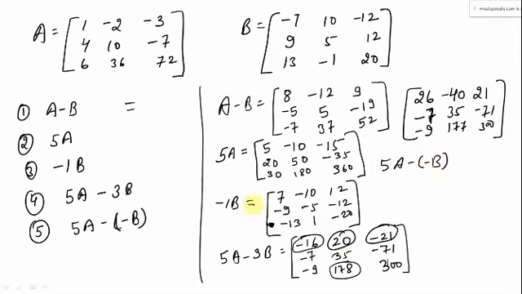So it's negative 2, 0, 0, negative 27, 29, 55, negative 23, 43, 179, and 380.